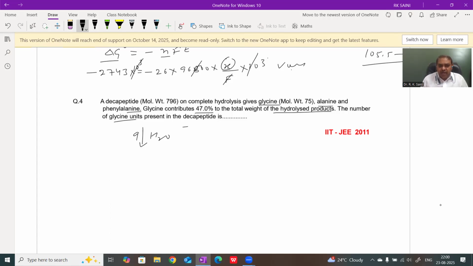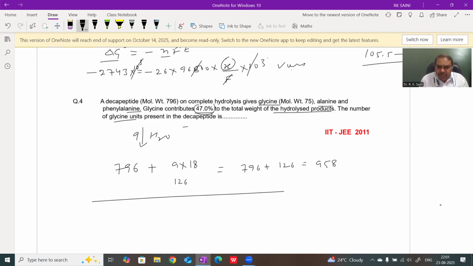Therefore, the total weight after hydrolysis is 796 plus 9 molecules of water, and the weight of 9 molecules of water is 162. So the total weight of the decapeptide on complete hydrolysis is 796 plus 162, which is 958.